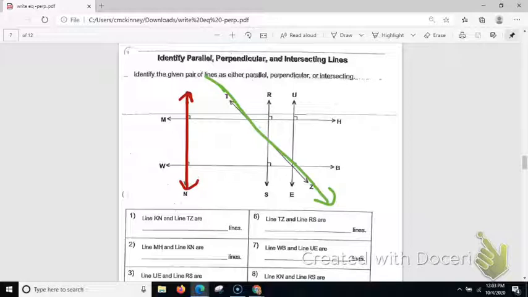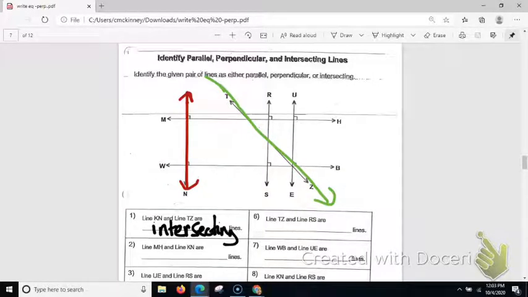Sometimes the ones that are just intersecting may be referred to as neither, meaning they're neither parallel nor perpendicular. So these two are just going to be intersecting. They may not be interesting, but they're intersecting.